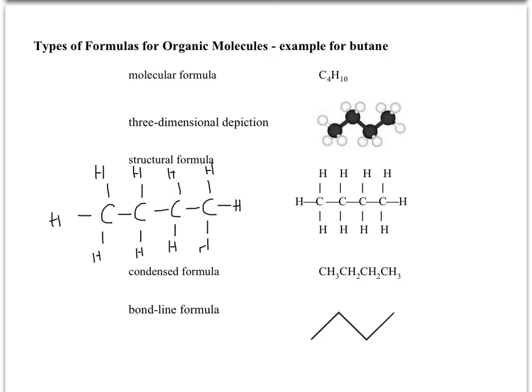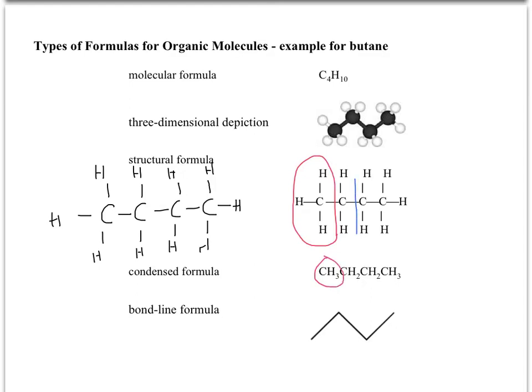All right, now you can work with the structural formula here and see that this part, I'm going to do that in red, hold on. This is referred to as the methyl group, and we denote that below in the condensed formula as CH3. That's the methyl group.